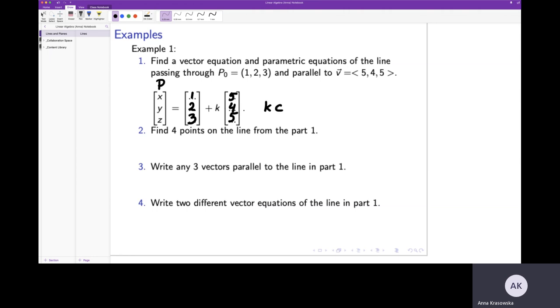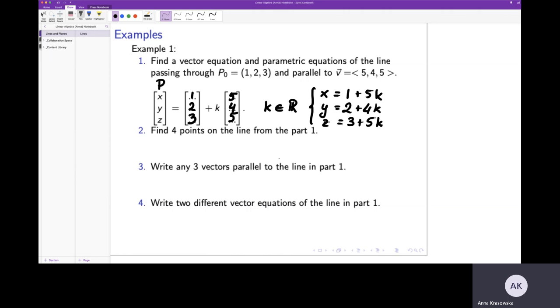That k is a parameter. Remember, it's any real number. Parametric equations, we will write x equals 1 plus 5k, y equals 2 plus 4k, z equals 3 plus 5k. So that's a vector equation and parametric equations of that line.